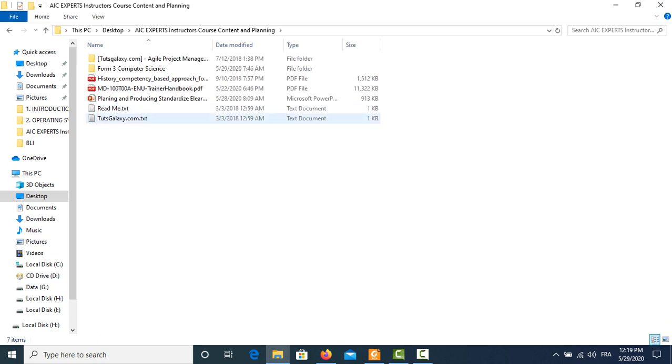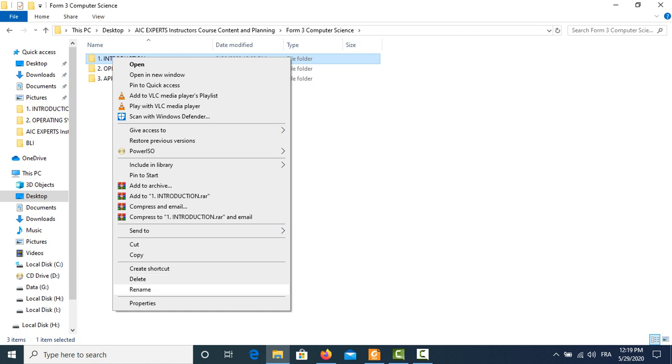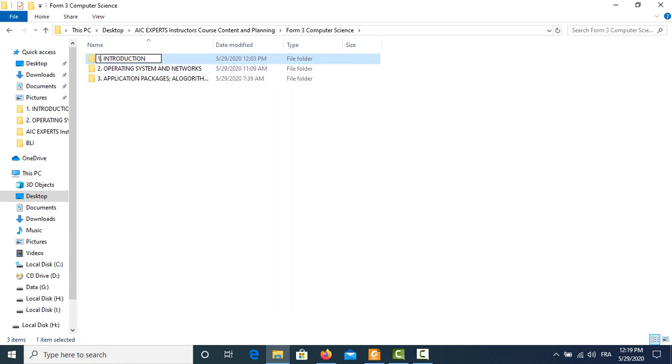If you go to my folder, Form 3 computer science as the subject of my course, I divided it into 3 modules. The first module is the introduction. The second is module 1, which is or my own module 0, let me put it that way. Module 0 is introduction. Module 1, let me just rename it, so it makes more sense.